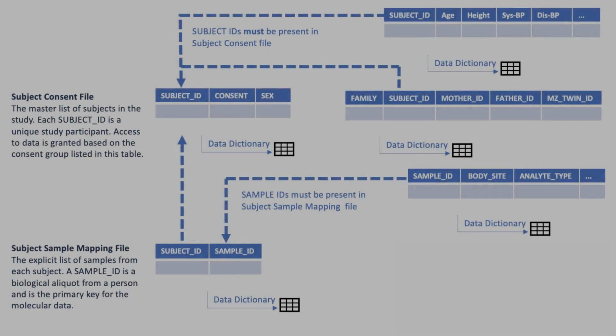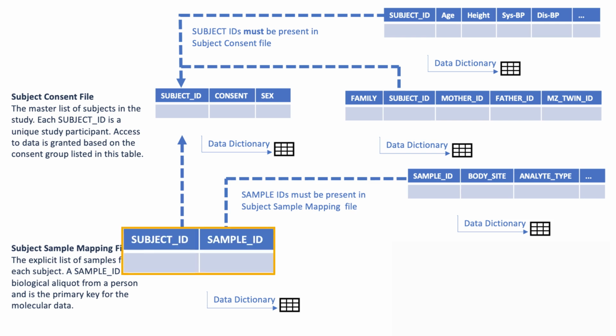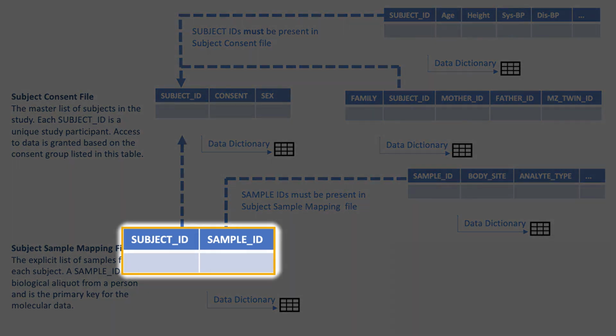This brings us to the other core file, the Subject Sample Mapping, or SSM dataset. This 2-column table shows that each sample belongs to a consented individual. The SSM maps subject IDs with their corresponding de-identified sample IDs, and a person can have multiple samples.